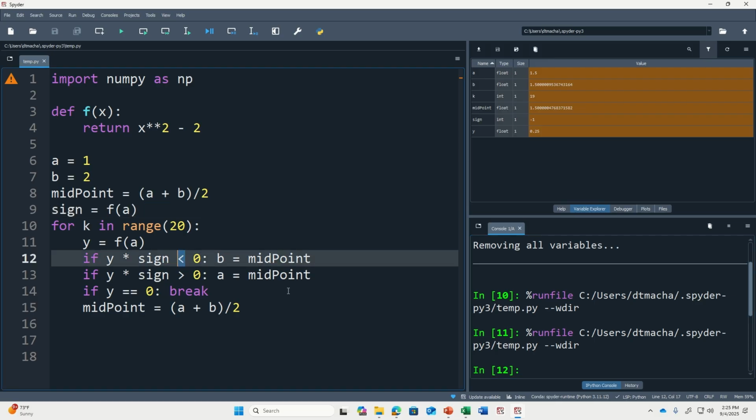So maybe I have my signs wrong. Okay, because f of a should be negative, and if I have a negative times a positive, then it should fall into this category. And if the function is positive, then x is too big and you need to move in the midpoint.